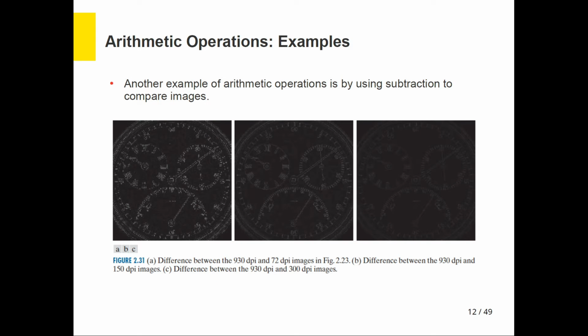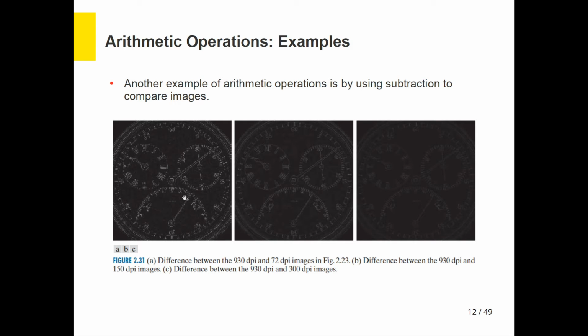Another example of using arithmetic operation is when we use the difference operation for comparing different images. You saw before how having different sampling rates can introduce errors in our images. In these three images we have some comparison.